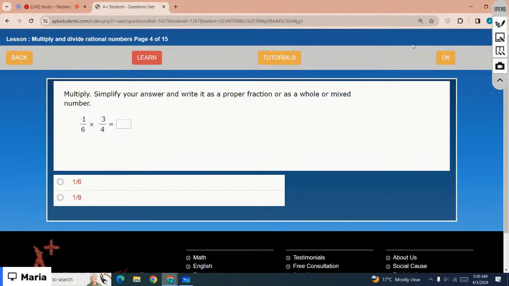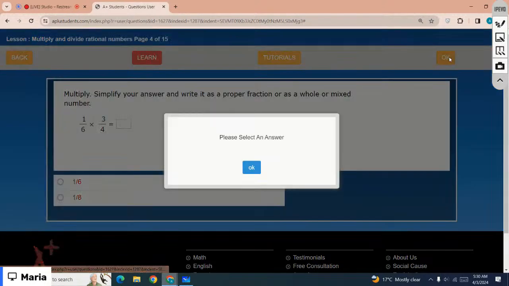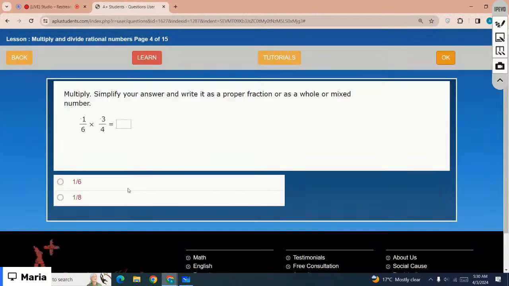Option number 2 is the correct option. 1 over 8 it is.